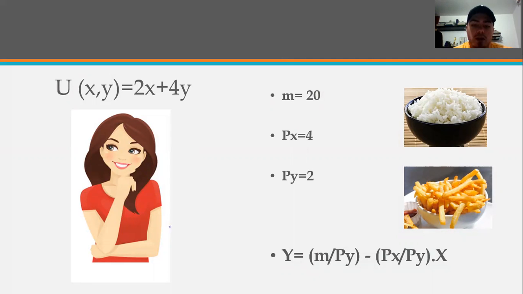Y is equal to M, the income, the resources of the customer, divided by the price of Y, which is less than the price of X divided by the price of Y. In the first place, we're going to verify the budget line of the customer.